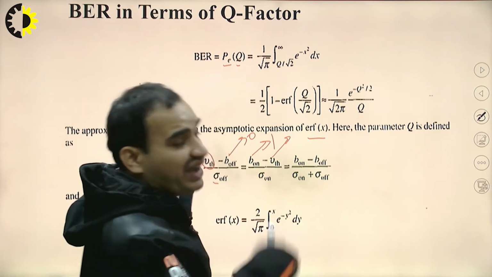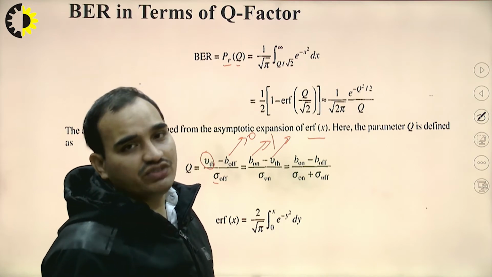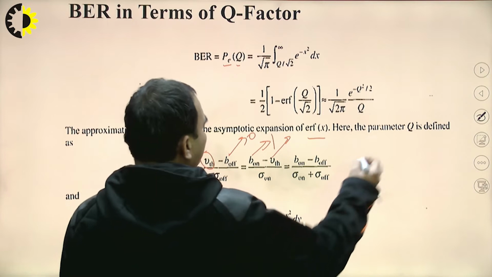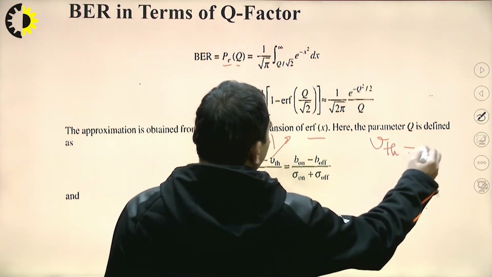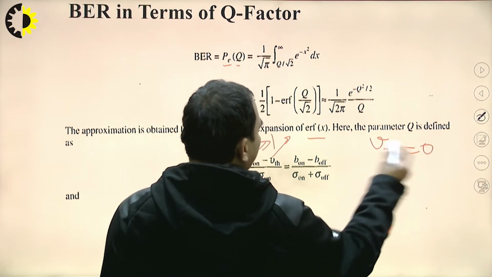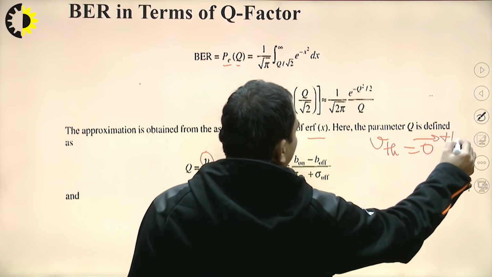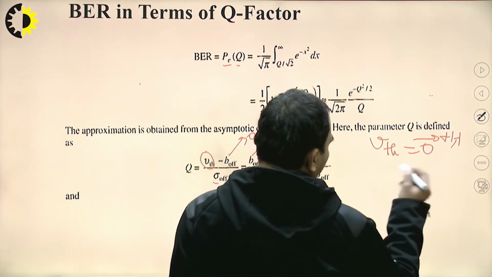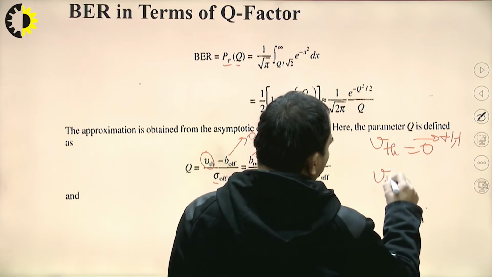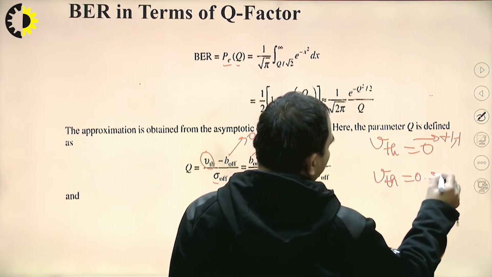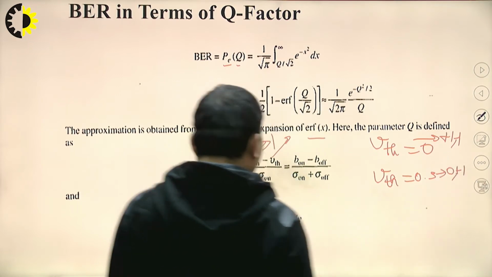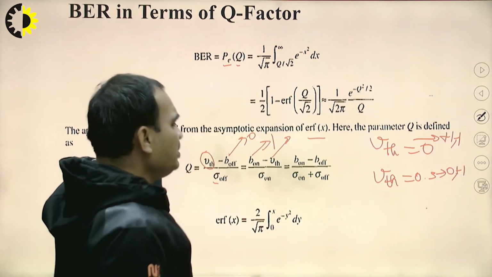If you are taking -1 and +1, the threshold voltage will be 0. Otherwise we can take the threshold voltage as 0.5 if we are using 0 and +1. So depending on that, we can choose the threshold voltage.